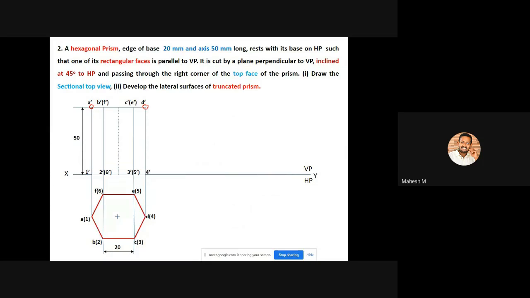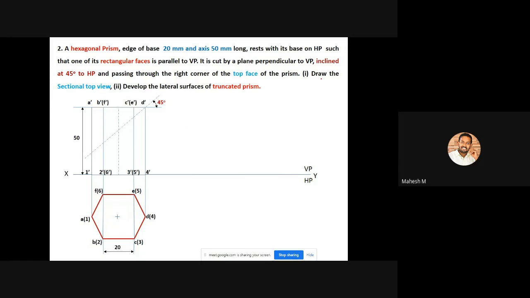So here the condition is that the cutting plane should pass through the right corner of the top face. So you have to create a 45-degree inclined cutting plane, and also the cutting plane should pass through the top right corner. That means it should pass through the point called D dash. Okay, so you have to create a cutting plane like this. Then you can remove the top portion.